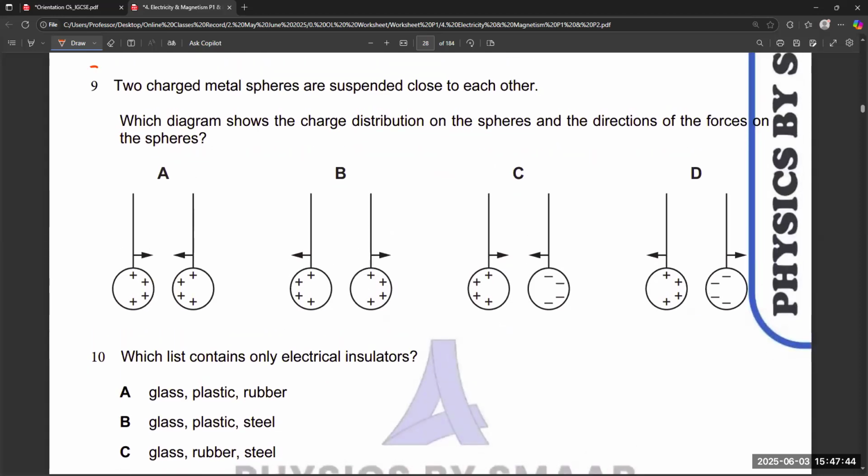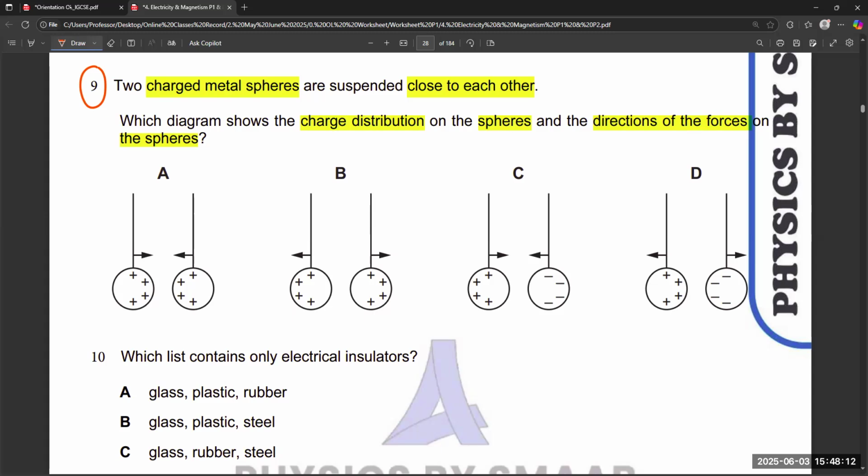Question number 9. Two charged metal spheres are suspended close to each other. Which diagram shows the charge distribution on the spheres and the direction of the forces on the spheres? C. These are two charged metal spheres.